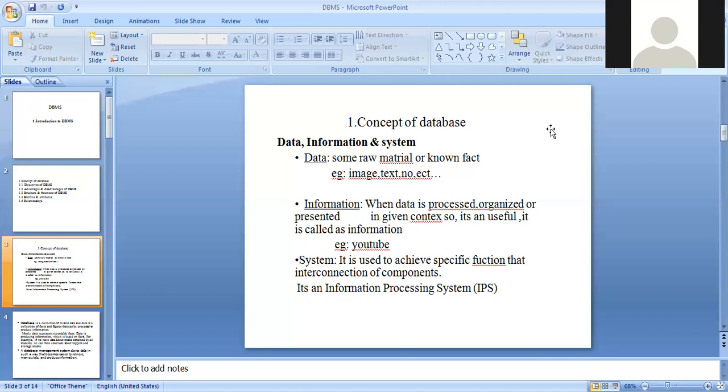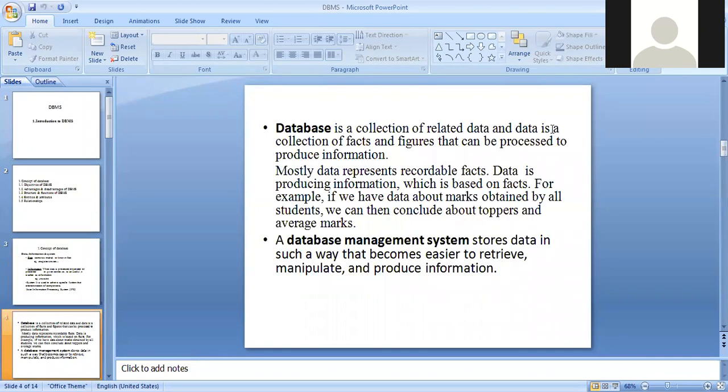The system must contain software and hardware also. So a system is used to achieve specific functions through interconnected components, which together form an information processing system.